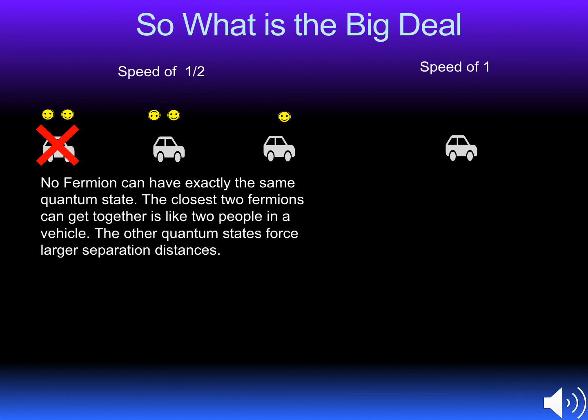So if the fourth particle comes in, if it's not a spin down particle, then it would be forced into a third vehicle. But if it is a spin down particle, then it would be allowed into the back seat of this car. So this is the case if these particles are fermions with spin half.